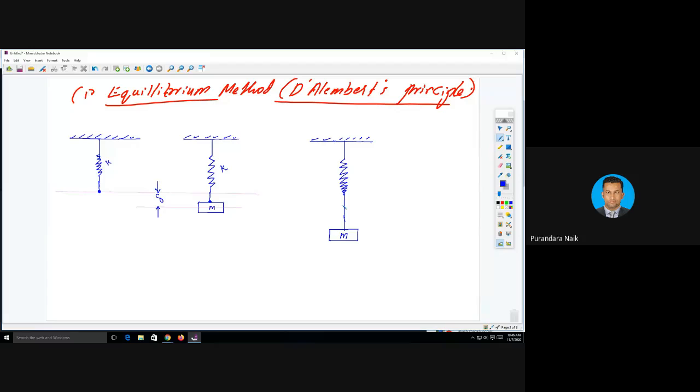If you pull it down, so you have applied an external force, then it will reach somewhere here. This is the position after the application of the load. For any vibrating body, you need to apply the force in the first cycle. Then it starts to vibrate on its own and continues its vibration.